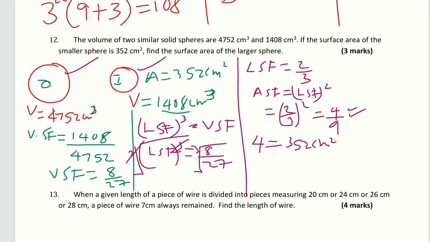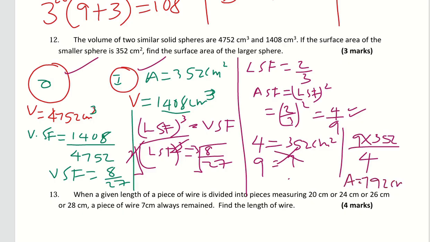What about 9? You cross multiply. Then you'll have 9 times 352 divided by 4, giving you 792. So the area of the larger sphere is equal to 792 centimeters squared.